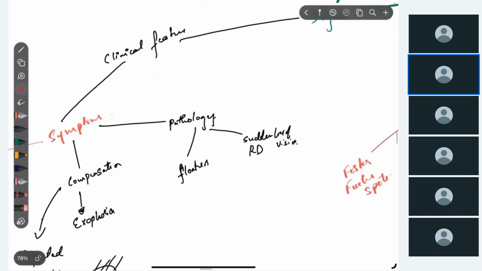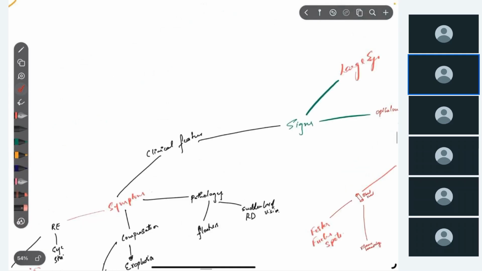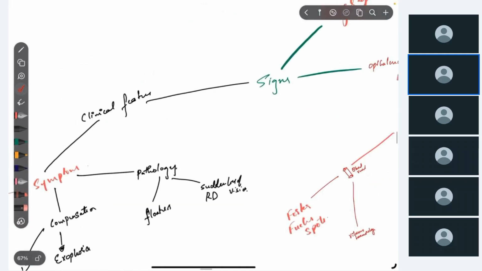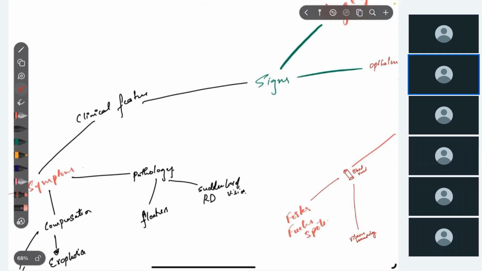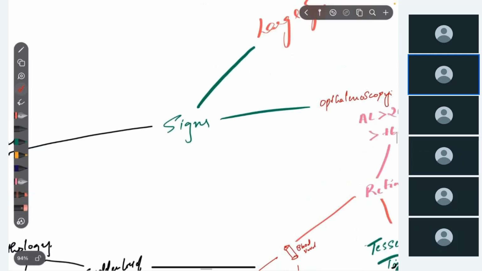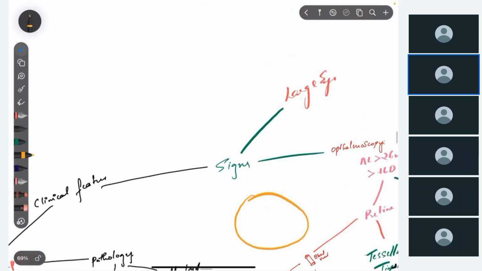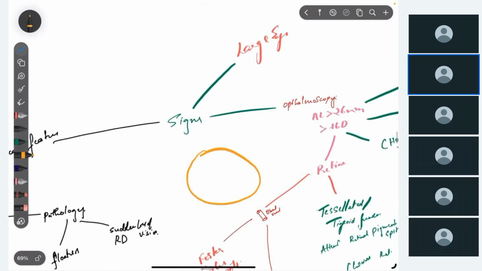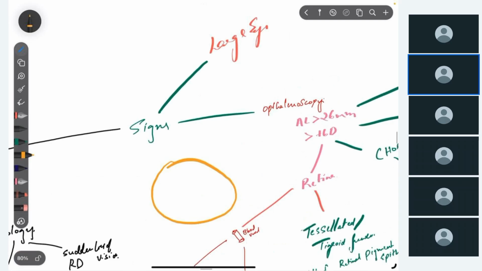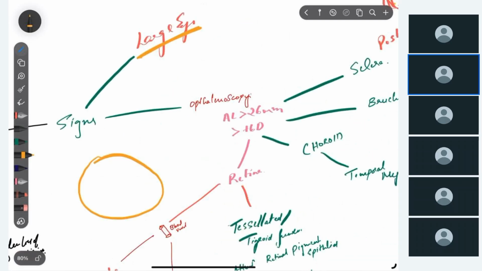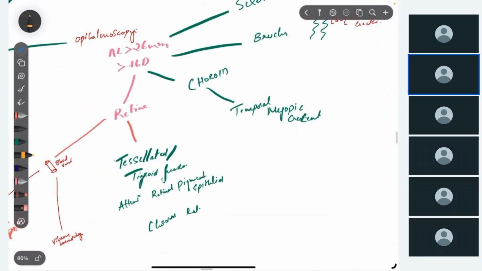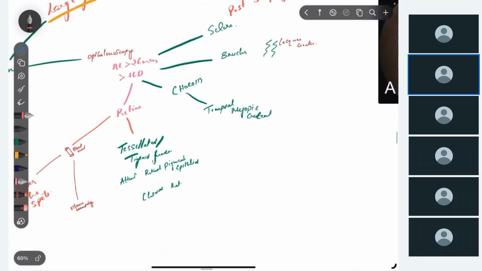Next, we said that myopia is a problem of increased power of the eye. This increased power of the eye can be caused by an increase in the size of the eyeball. Now, all the signs that you see are because of this increased size of the eyeball. Signs: you can see a large eye on ophthalmoscopy.